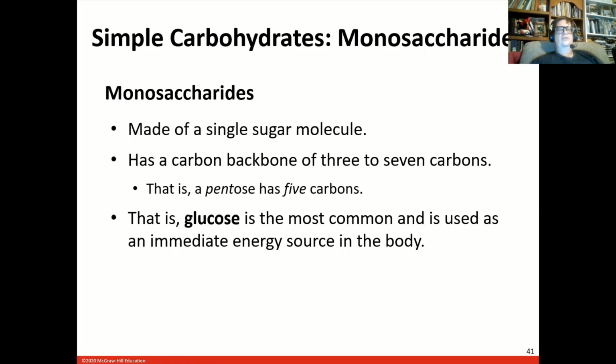It is the one that we're going to talk about the most in this class because the breakdown of glucose, which is called glycolysis, is the first of the 3 steps. The total breakdown of glucose would be glycolysis, Krebs, and the electron transport chain.